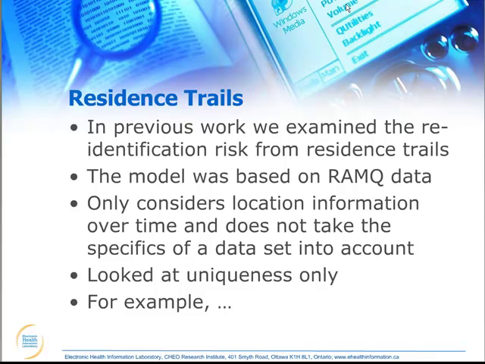And this was a study that was done in Quebec using data from the provincial health insurer, the RAMQ, and so we had some basic information about individuals, their date of birth and their gender, and then their residence information over multiple years. And if you've been attending some of our previous webinars or presentations, you may have seen this before, but I think it's a useful starting point, because as far as I know, this is thus far anyway, the only study that is out there that looks at re-identification risk longitudinally for Canadian patients.